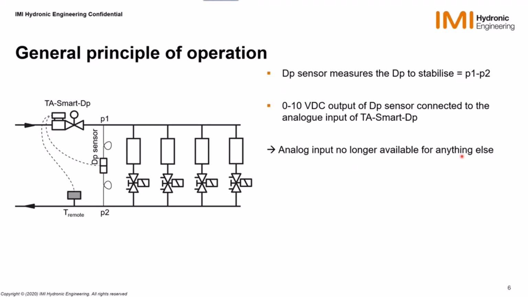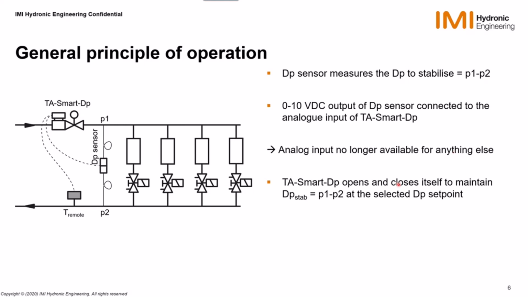With the TSMart DP, you cannot use the 0-10 volt input signal because it is confiscated by the delta P sensor. The delta P sensor is connected to it. You would be able, however, to control the valve with another control mode if you control it through bus communication.